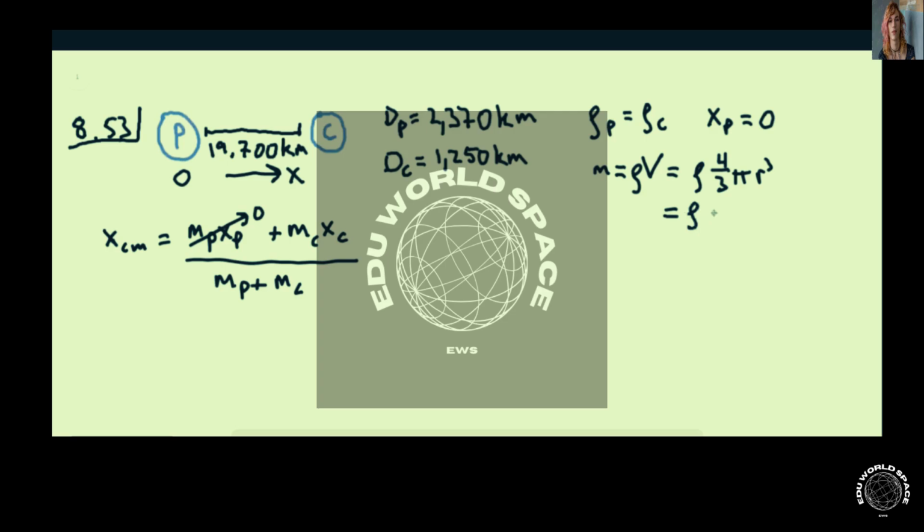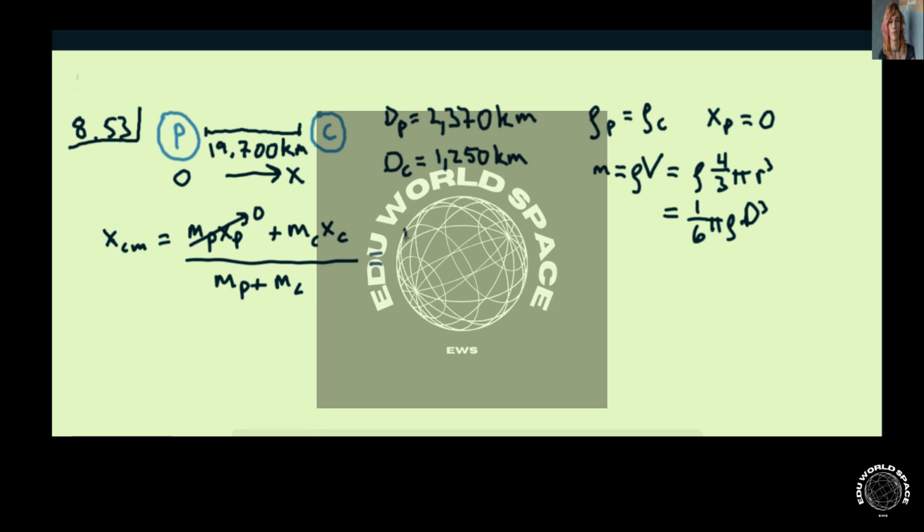And that works out to be, well, let's put them in a nicer looking order, 1/6 pi rho diameter cubed. Of course, all of this isn't going to matter because it's a common factor to all of these things here. But it's good to know these things.